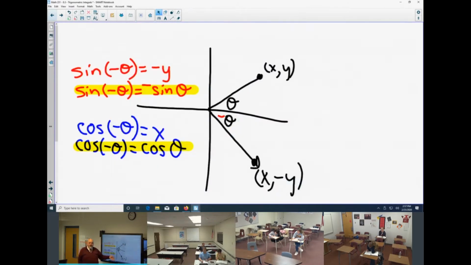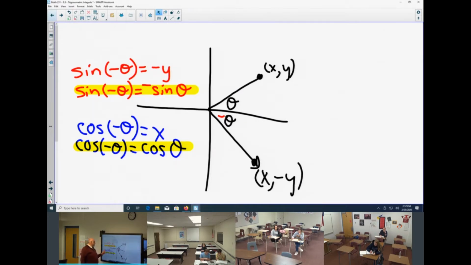This visual kind of helped me to keep this straight. When you have a positive angle, imagine an xy value, where the x is the cosine and the y is the sine. Now, when you have that negative angle, the x doesn't change, but the y does. So the sine of negative theta is the negative of sine theta.